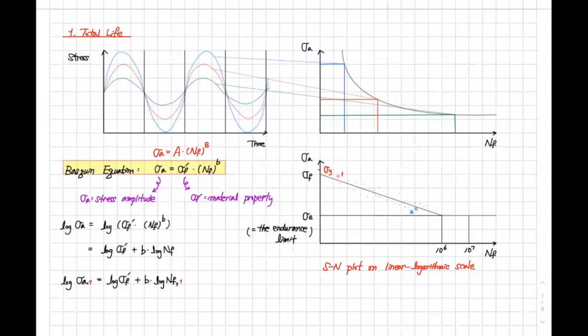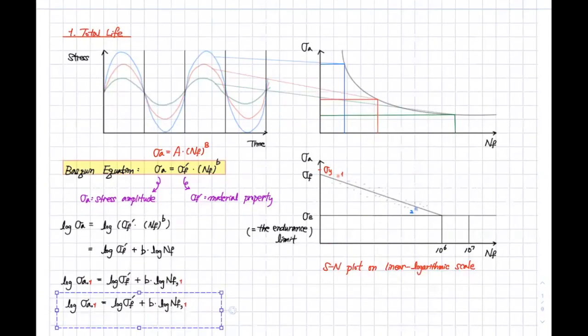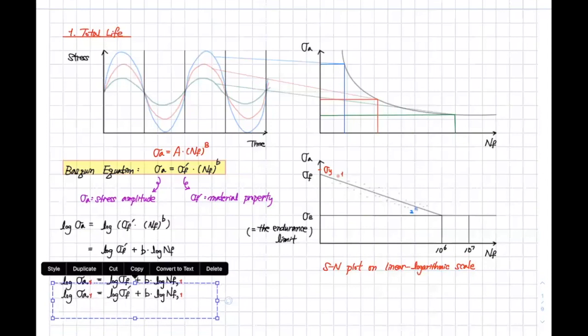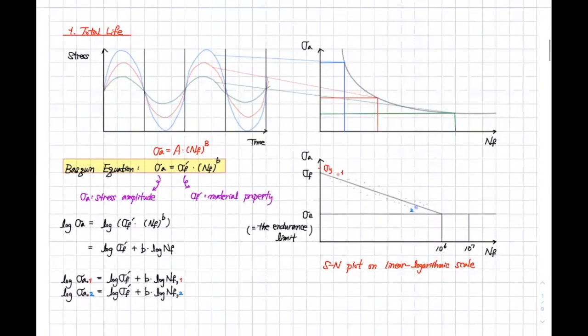Okay, what about the second point? The second point should also satisfy the Basquin equation, but the data point is now number 2, because I chose here. So the cycles of point 2 are here, and the amplitude is right here.